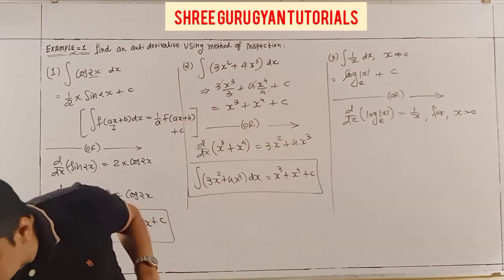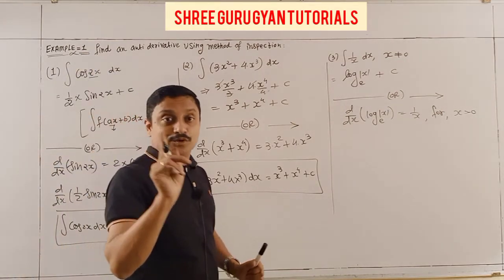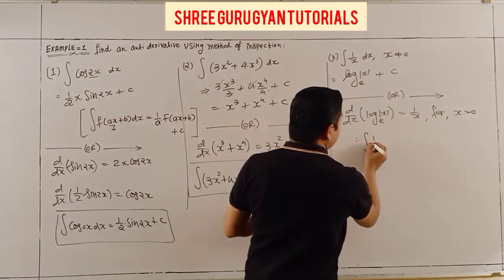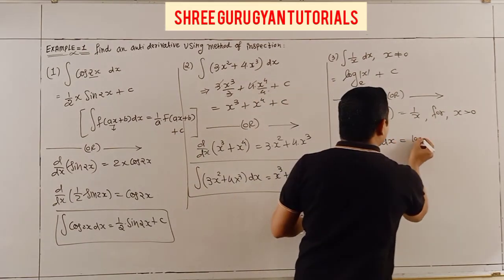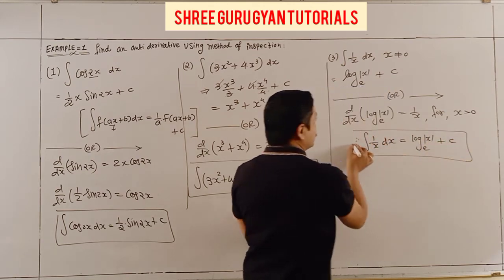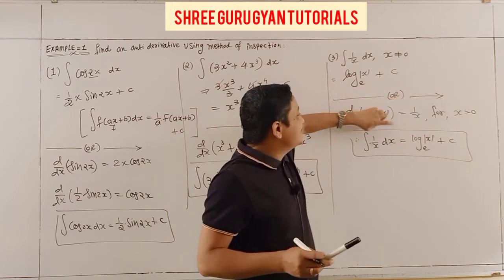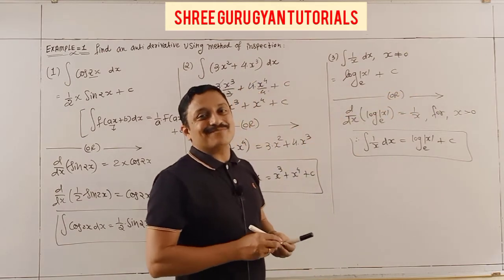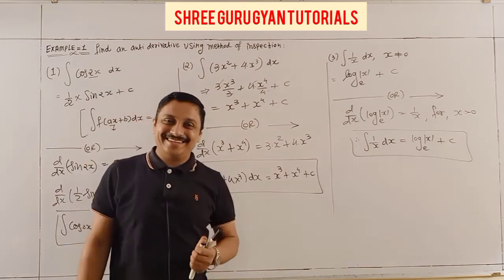I also checked in the textbook, where x is given as not equal to 0, but you consider it positive here. So the antiderivative of 1 upon x dx is log modulus x plus c. This derivative is 1 upon x, so the integration of 1 upon x is what? Log x base e.